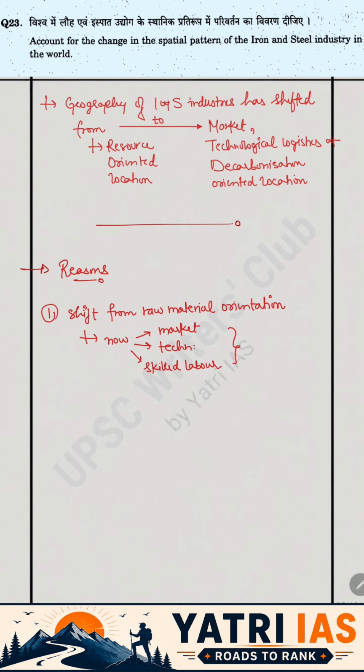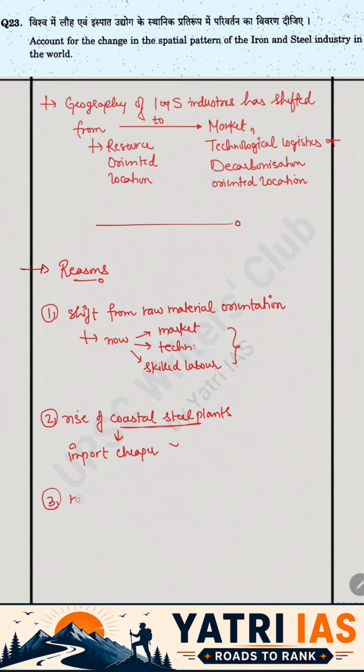So these are the driving forces for the establishment of iron and steel industries nowadays. Then you would mention rise of coastal steel plants. Earlier you would have seen the iron and steel industries around the coal fields or plants, but now coastal steel plants have evolved, which has made import cheaper. So this is one reason to cite.